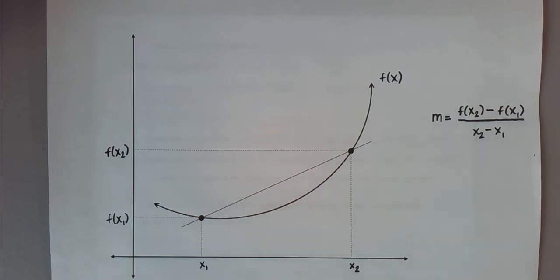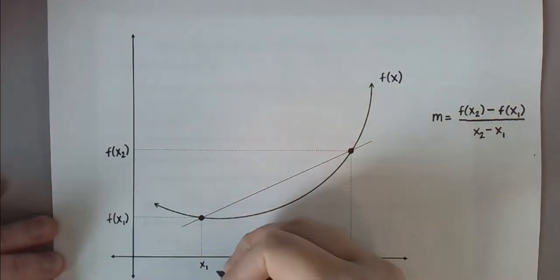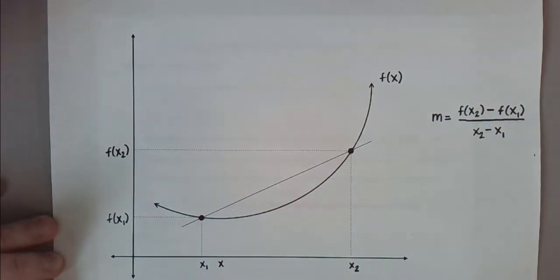I want to look at another way that we could label these coordinates, and this is going to lead us to the definition for the difference quotient. So rather than calling this particular x value x1 and this value x2, I'm going to take this particular one, and rather than calling it x1, I'm just going to call it x instead. So this will be a different notation for this particular x value.